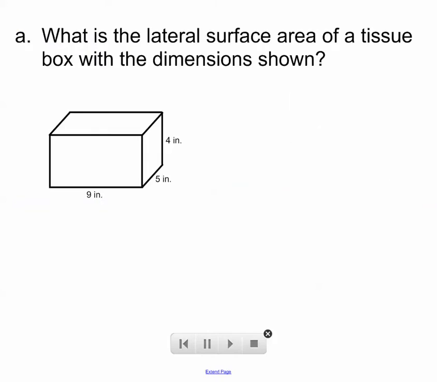All right, so what is the lateral surface area of a tissue box with the dimensions shown? Okay, lateral surface area is the perimeter of the base times the height of the prism.